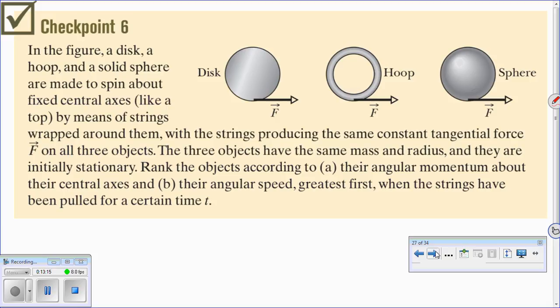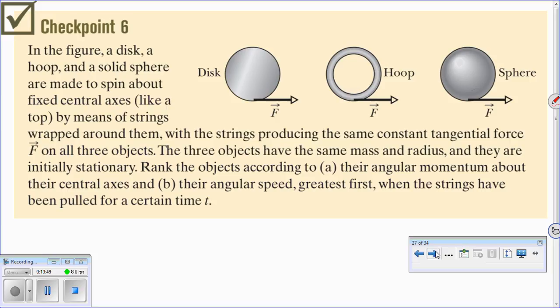It says the disk, the hoop, and the solid sphere are made to spin about a fixed central axis like a top by means of a string wrapped around them, with the strings producing the same constant tangential force. In other words, they all have the same force on them. The three objects have the same mass and the same radius, and they're initially at rest. So we want to rank them according to the angular momentum, and then their angular speed, angular momentum first.